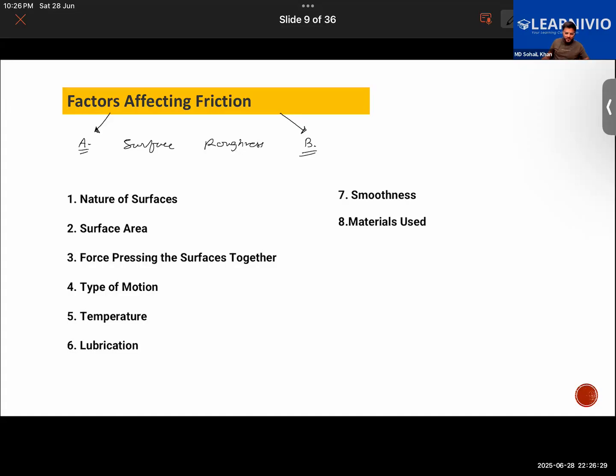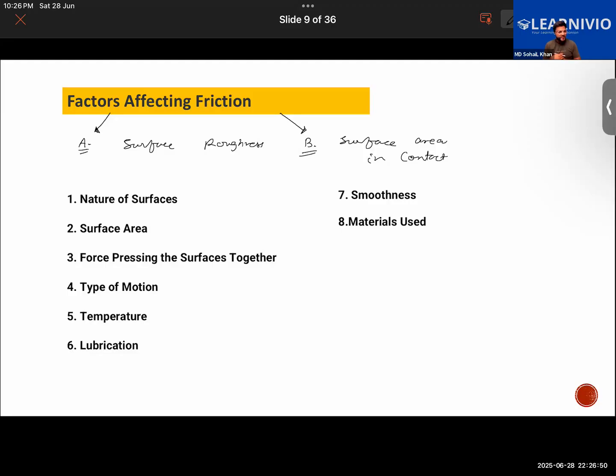Second, I was saying surface area in contact. Tell me what will happen if the surface area in contact between the two objects is more.